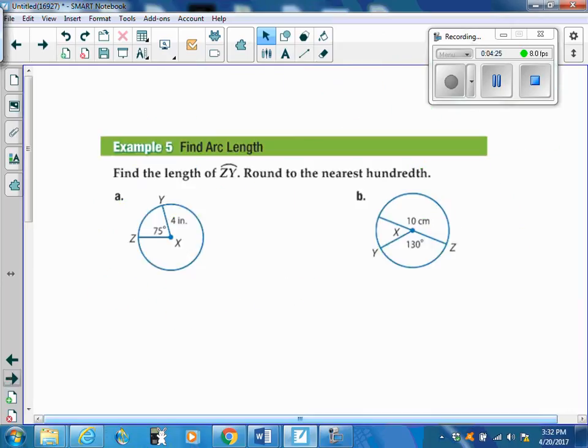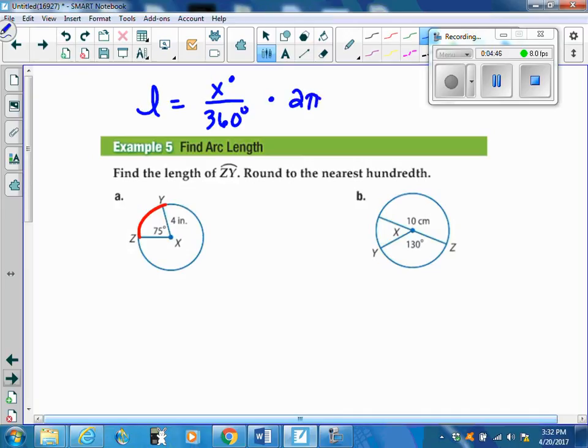We're going to try that with example 5. It says find the length of ZY. So here's ZY. My formula is the length, and then I'm going to find out what fraction of the whole circle is marked off by the arc or the central angle. And then I'm going to multiply that by the circumference to find out what part of the circumference is the arc.